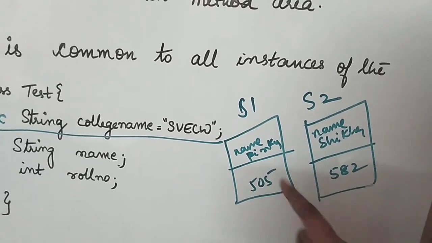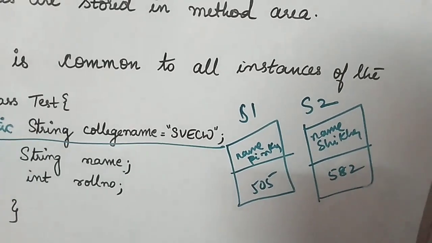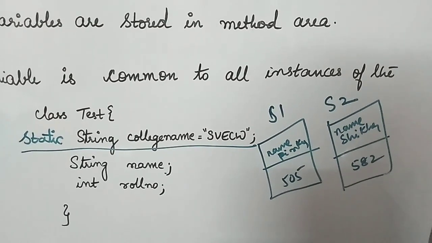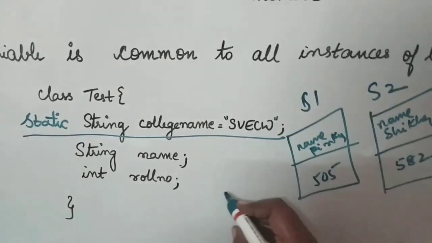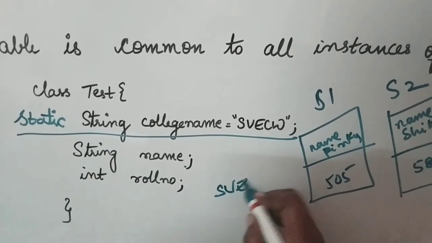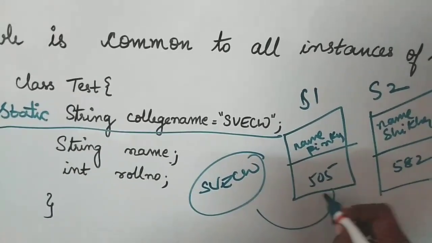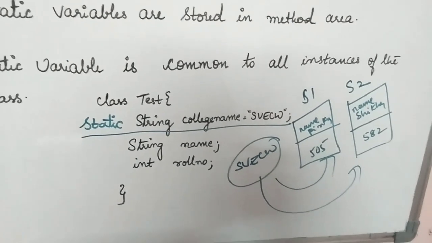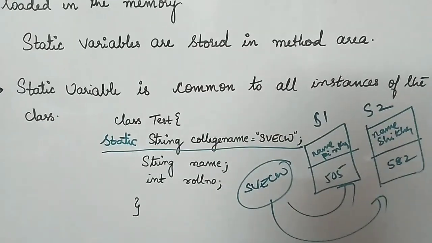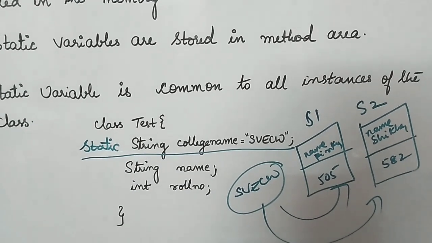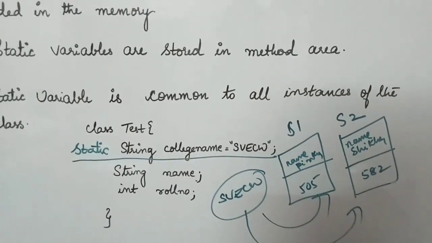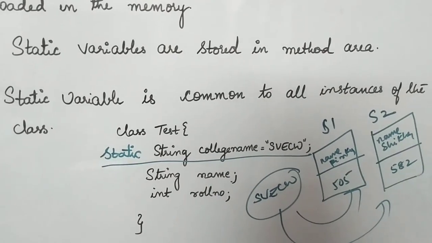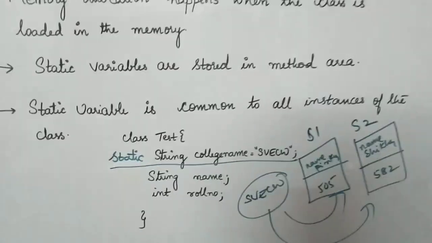Because the name and roll number will be different for each and every student, but the college name is common. So SVECW is common for both the objects. So that's the reason for static variables a single copy is maintained. There will be only one single copy maintained for the static variables.